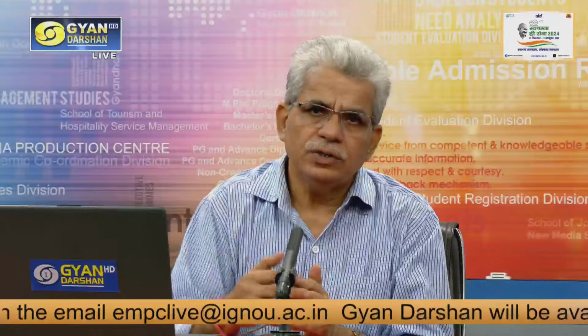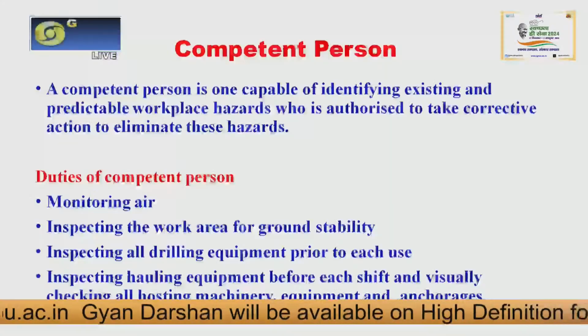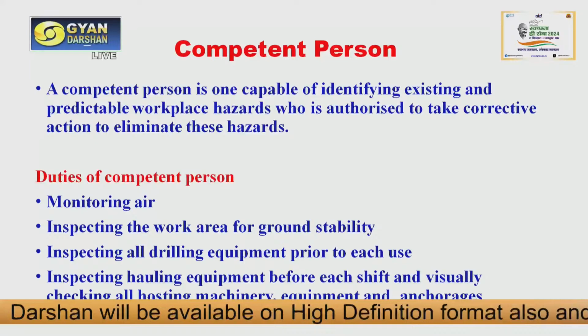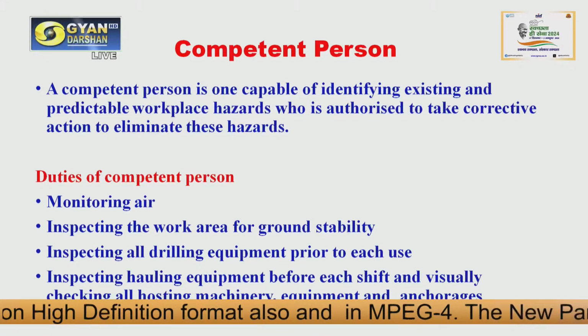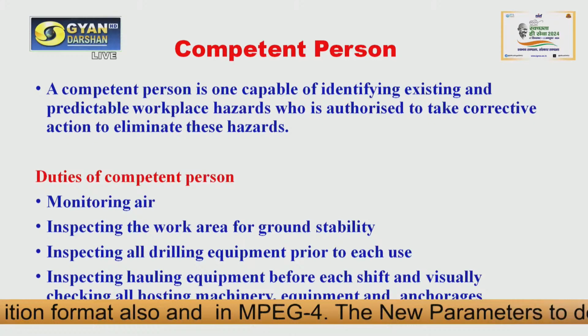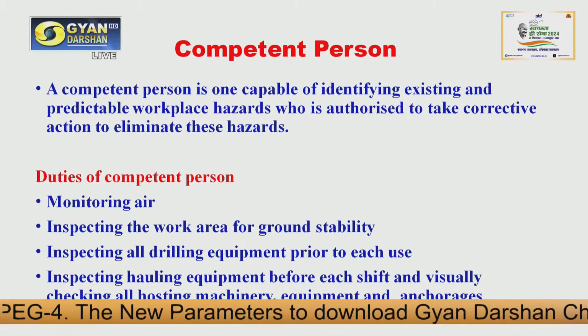Now you have heard the term competent person many times here. Who is this competent person? A competent person is one capable of identifying existing and predictable workplace hazards, who is authorized to take corrective actions to eliminate these hazards.